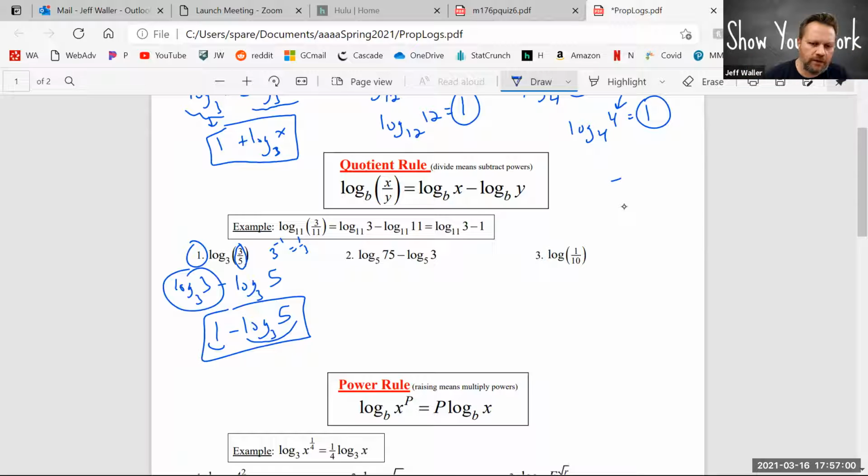What's log base 3 of 3? It's 1, correct? Log base 3 of 5, how is that related to 1? Bigger or smaller? Bigger. It's got to be bigger because 5 is bigger than 3. So 1 minus something bigger than 1 is negative. So it will be a negative power, like I could kind of tell it should be, to make it become fractional.